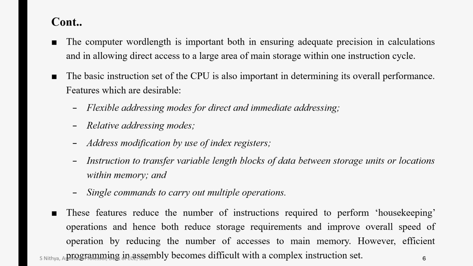So what are the basic instruction sets of the CPU? It's also very important in determining the overall performance of the system. The features describe flexible addressing modes for direct, immediate and relative addressing, address modification by the use of an index register, instructions to transfer variable-length blocks of data between storage units or locations within memory, and a single command to carry out multiple operations. These features reduce the number of instructions required to perform housekeeping operations, and hence both reduce the storage requirements and improve the overall speed of operations by reducing the number of accesses to the main memory.